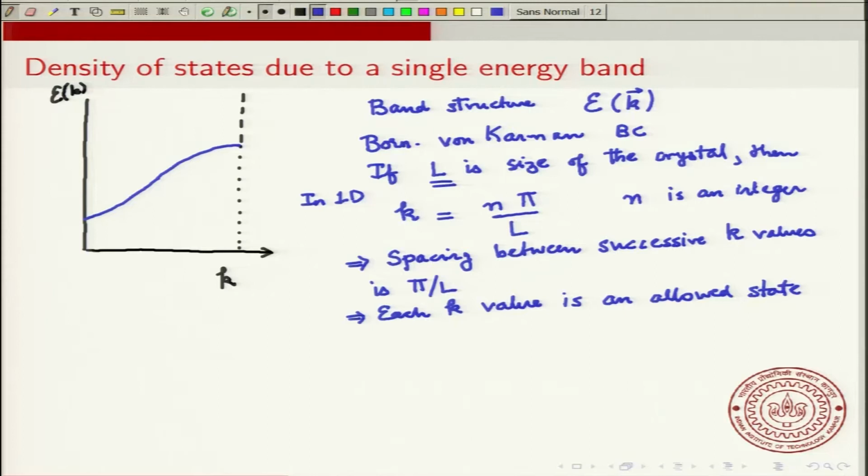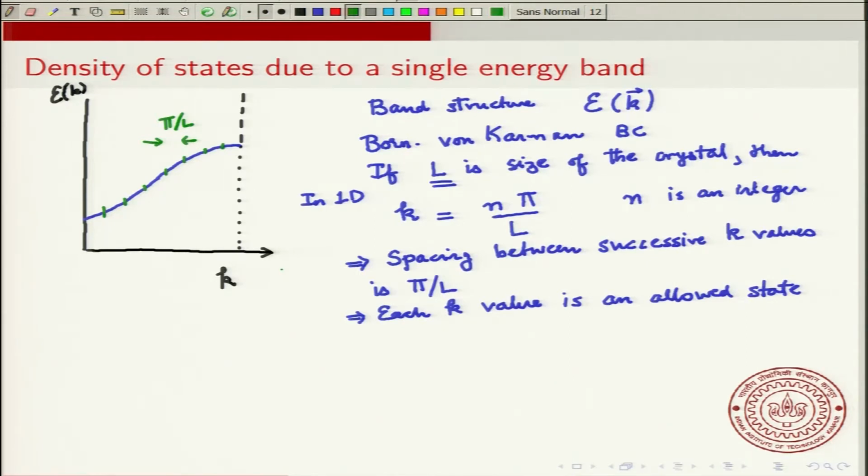So, what this implies is that in this band structure there are various states, and I am exaggerating the size, such that the spacing between any two states is pi by L. So, this is the k axis.